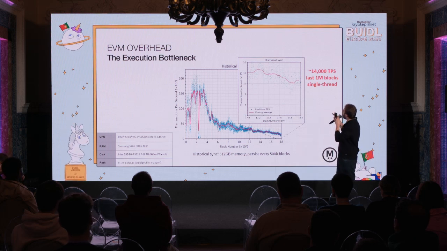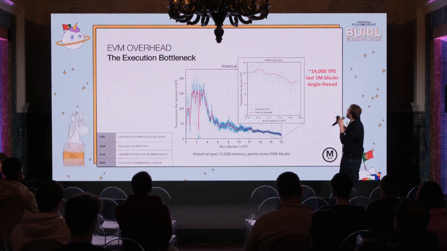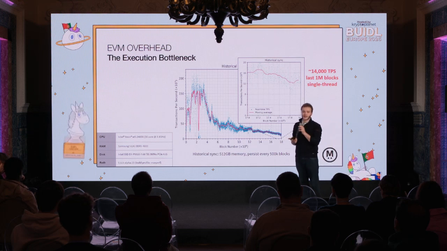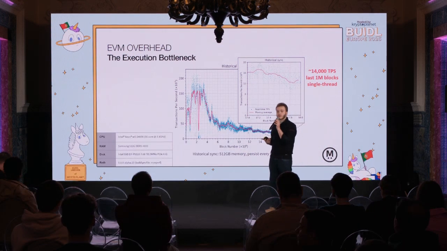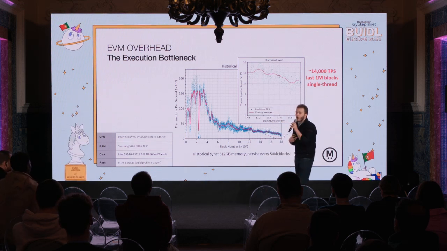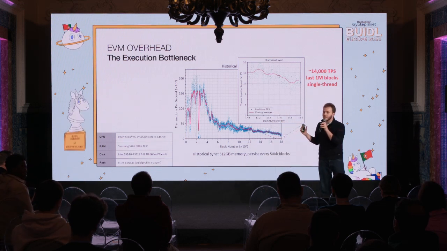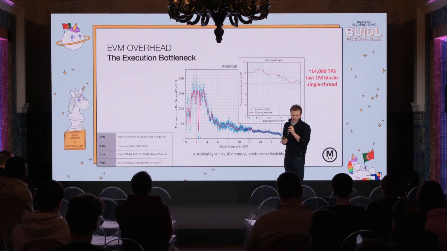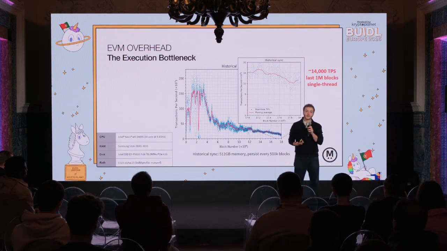We see that in this area, TPS averages out at around 14,000. Is this low? No, of course not. But is it fast enough to build a world computer? We don't think so either. Furthermore, I mentioned we get rid of all other overhead, so this is simply from EVM execution. We thought, why does that happen? The main reason is overhead from interpreting smart contracts.